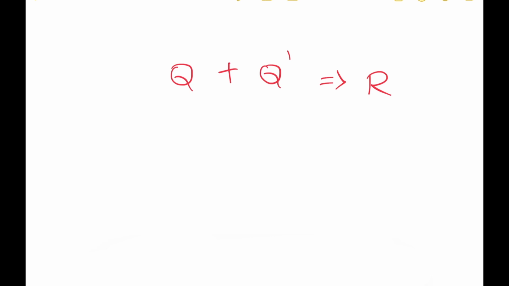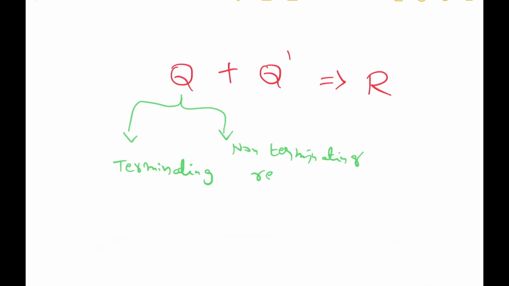Now if you move back to rational numbers, in the rational numbers we will be having two kinds of decimals. One is terminating decimal and the second one is non-terminating repeating decimal.